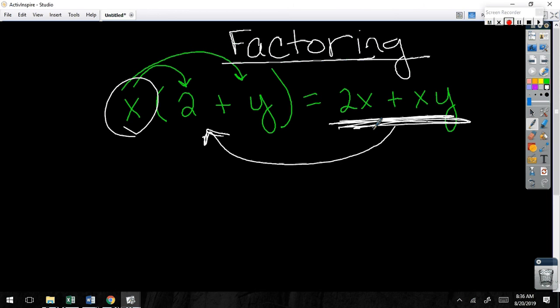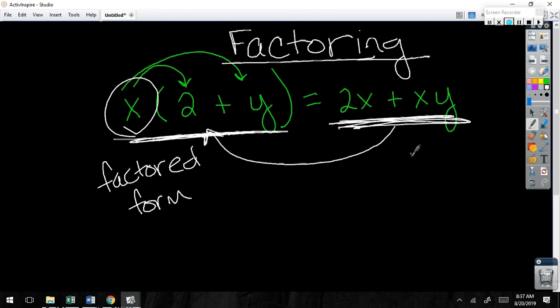So this is what we call factored form on the left, and expanded form on the right. To expand, we multiply. To factor, we're looking for GCFs to divide out.